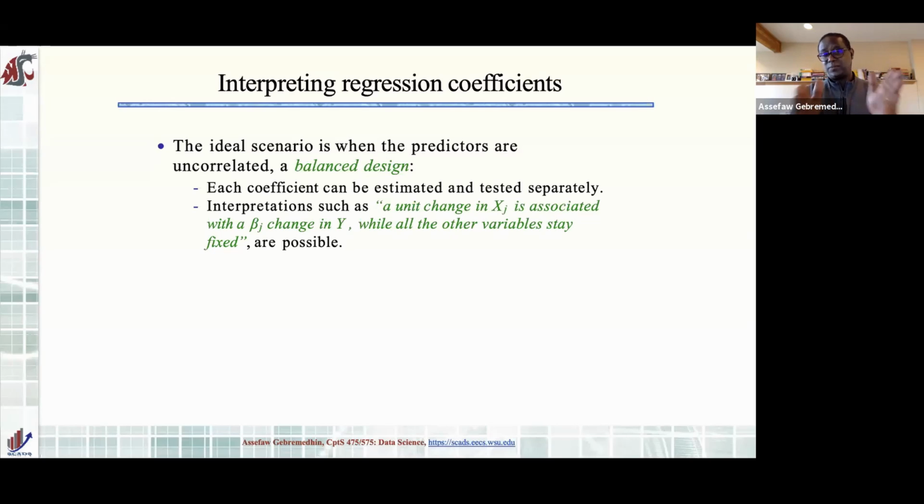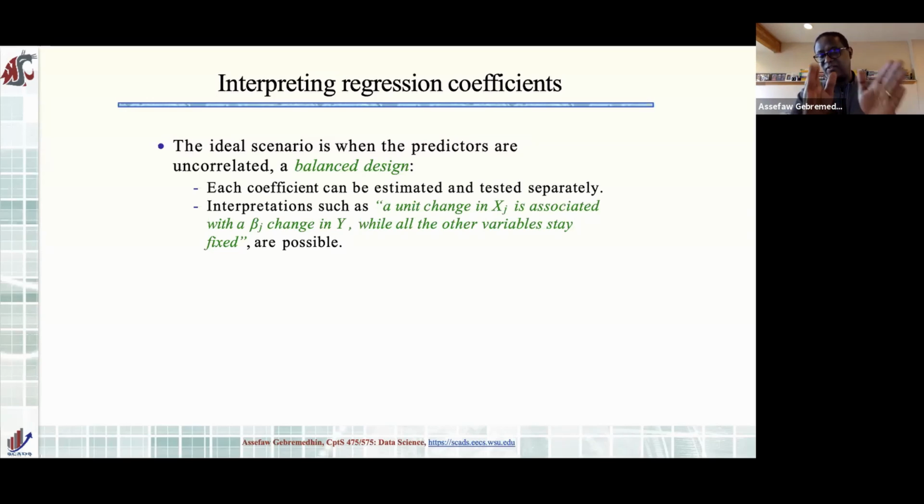This kind of interpretation is possible when there is no correlation. So it's not just about having to fix them as opposed to ignore them, which is the difference between multiple linear regression and multiple uses of simple linear regression, that distinction.